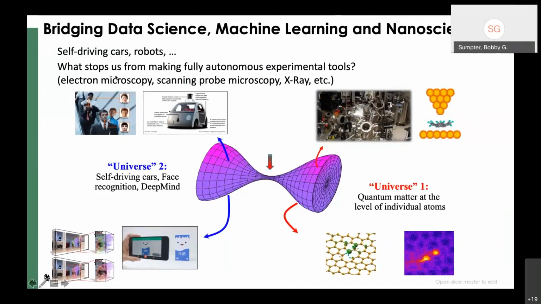And so our question is, why can't we just use these tools to complement our approach in electron microscopy, to grab the data, analyze that data, and automatically feed back to the microscope so that it can do the next thing that is the correct thing? So, looking at automating our experimental tools.